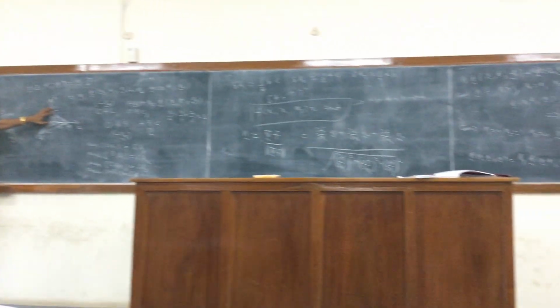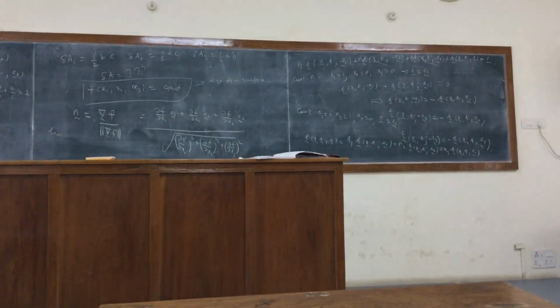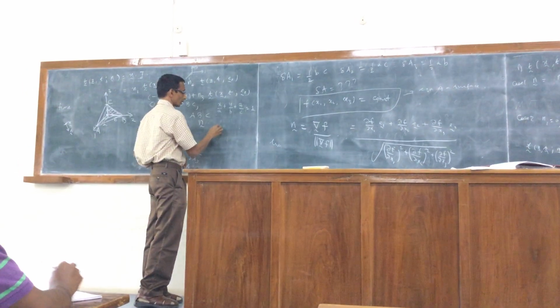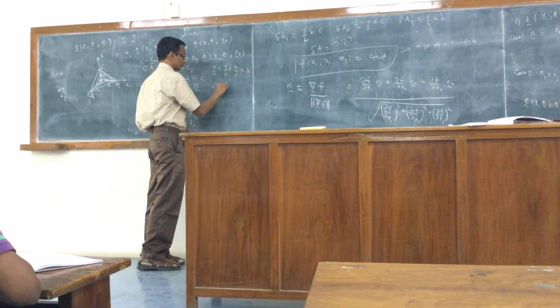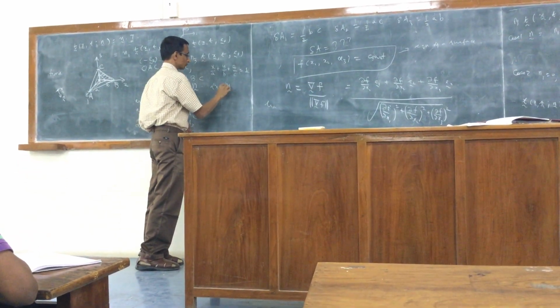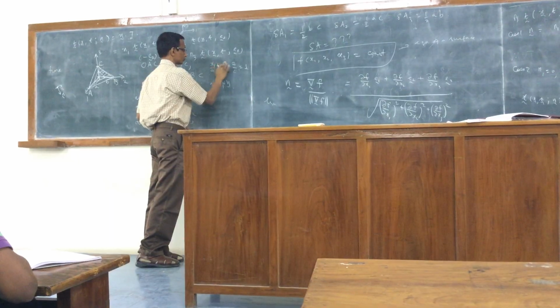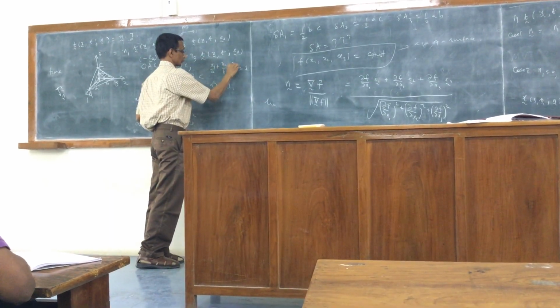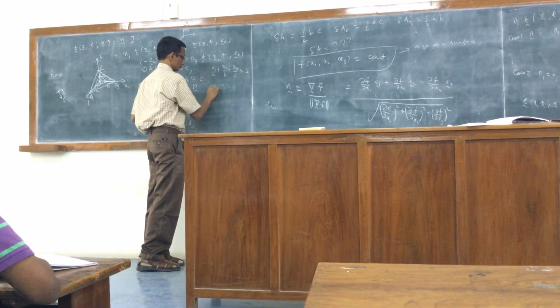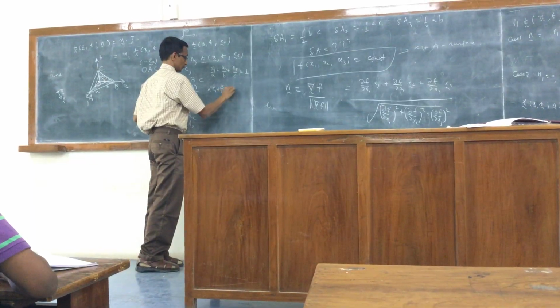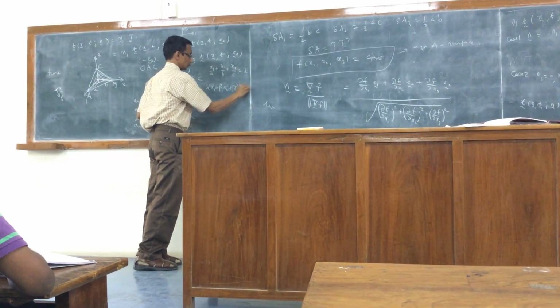If you are not sure, the general equation of a plane can be written as alpha x1 plus beta x2 plus gamma x3 equal to 1.